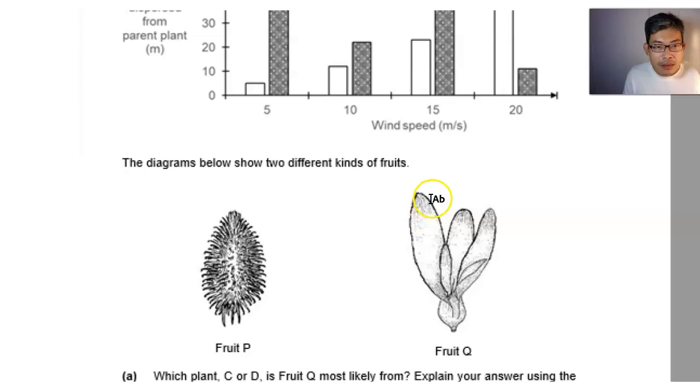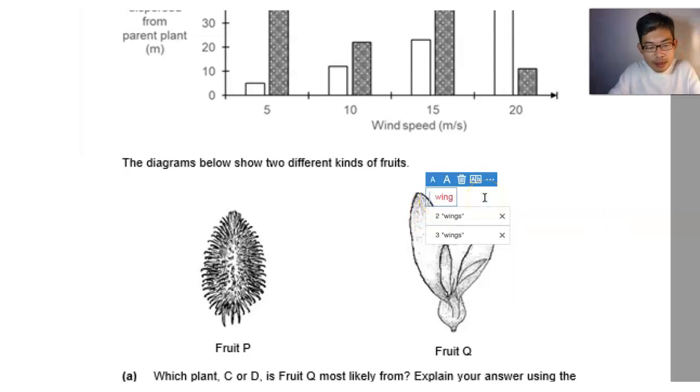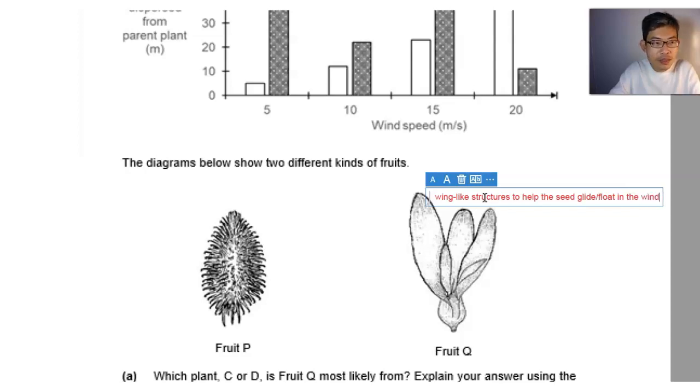Right, so which one is by wind? I can see here we have wing-like structures, and they are meant to help the seed glide or float in the wind. So this would seem to be hooks.